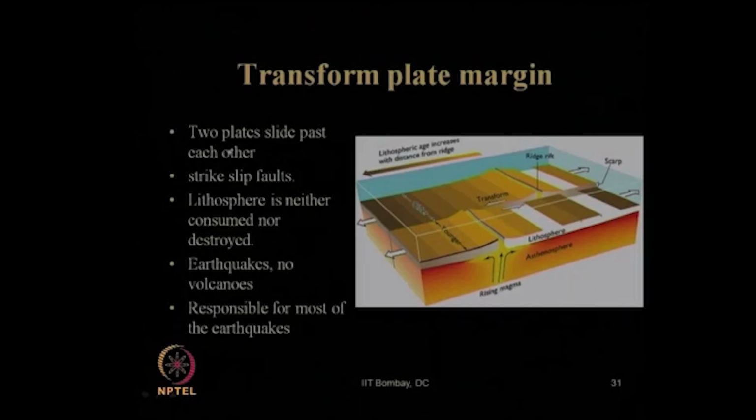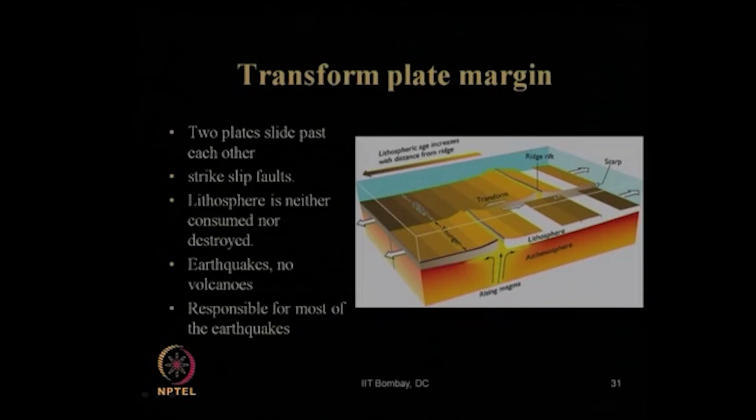In this case, typically two plates slide past each other, and typically one of the plates will be the younger one as per the geologic age, and the other one will be the older one. And this type of transform plate margin develops through strike slip faults.